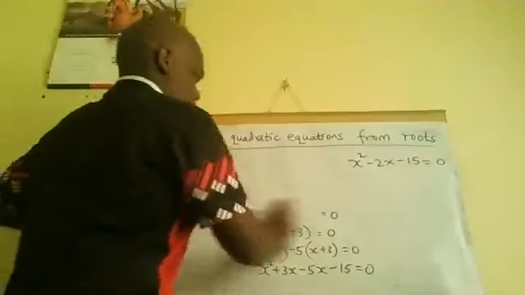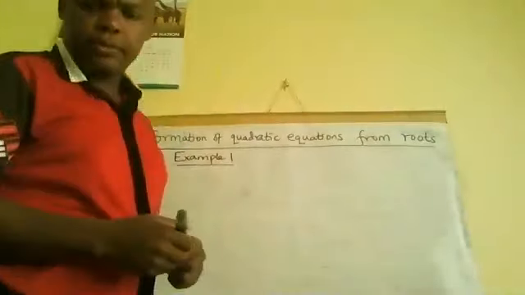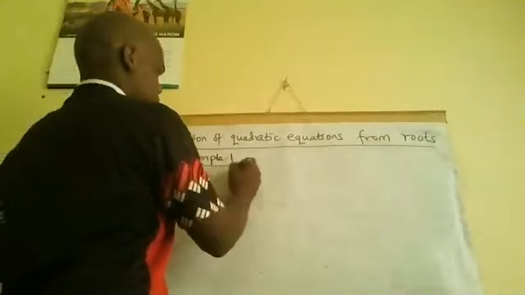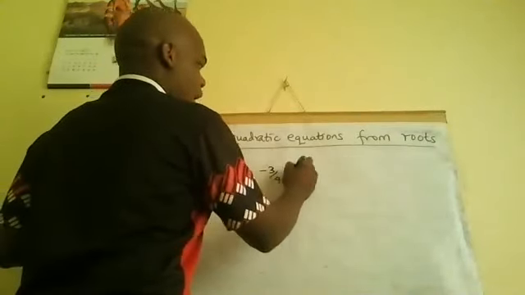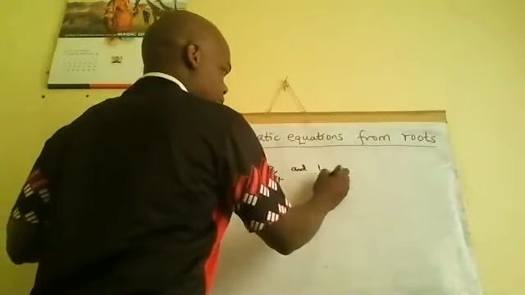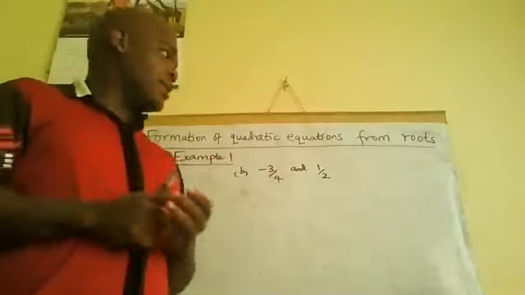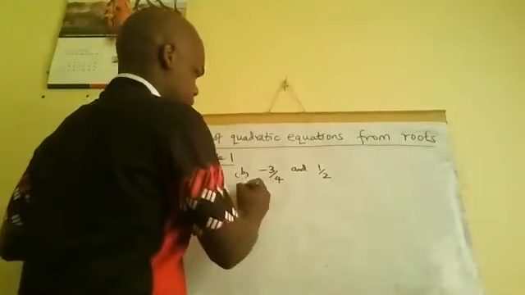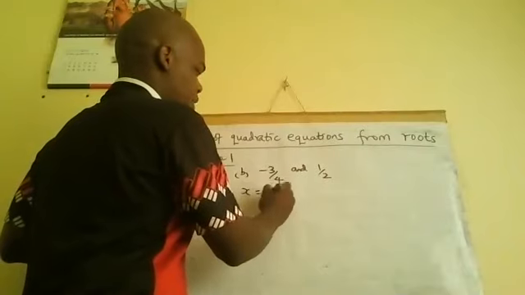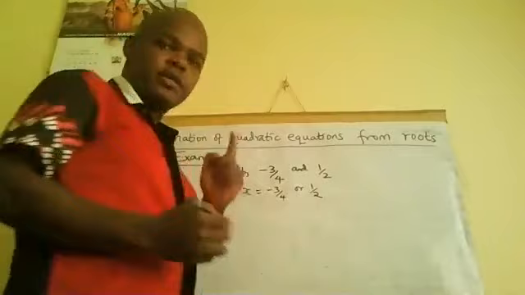So another one is -3/4 and a half. So that means that my x is -3/4 or a half.